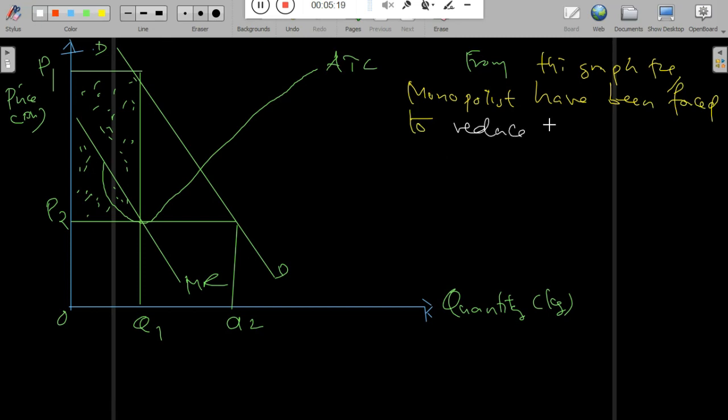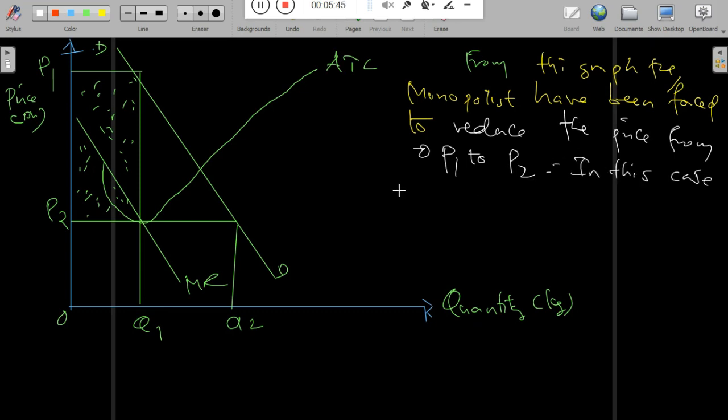This is because the target for many monopolists is to sell at a higher price and make higher profit. So if you force them to reduce the price, this means that the profit will reduce, so they will earn a normal profit, where the price P2 is equal to the average total cost.